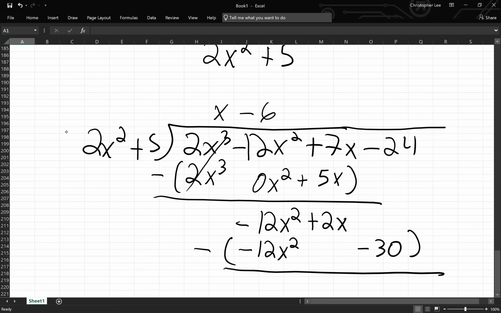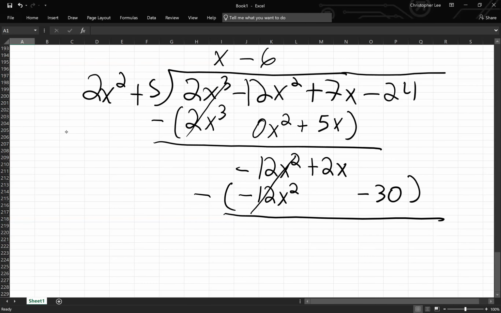Negative 12x squared minus negative 12x squared cancels out, because negative 12 minus negative 12, negative is positive, so it's just 0. Then bring down the 2x. And negative 24 minus negative 30 is going to give me a positive 6, right?